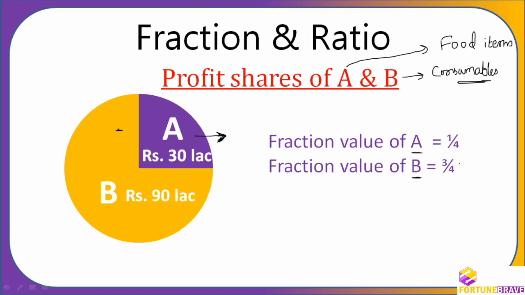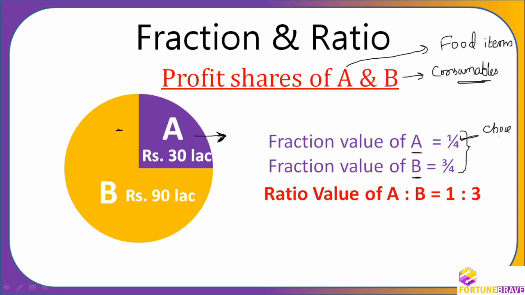So if you ask me what is the fractional value of A or B, I say it is 1/4 or 3/4, whereas the ratio value is A is to B. Now we are comparing. This fractional value is again a kind of comparison of what we know. Fraction is the part we choose to the total number of parts.